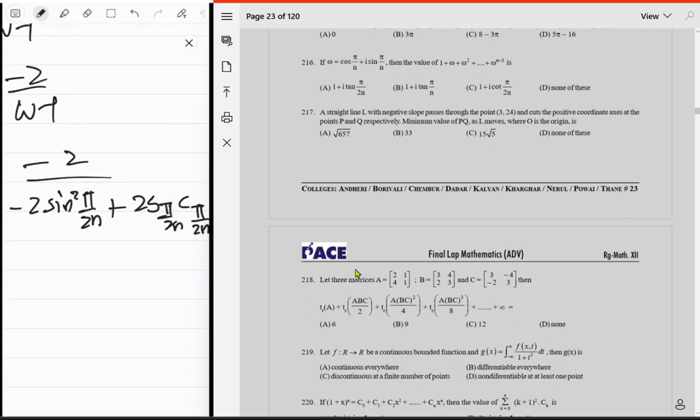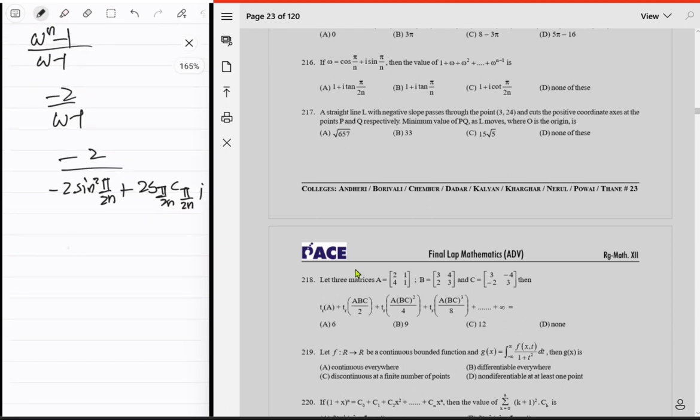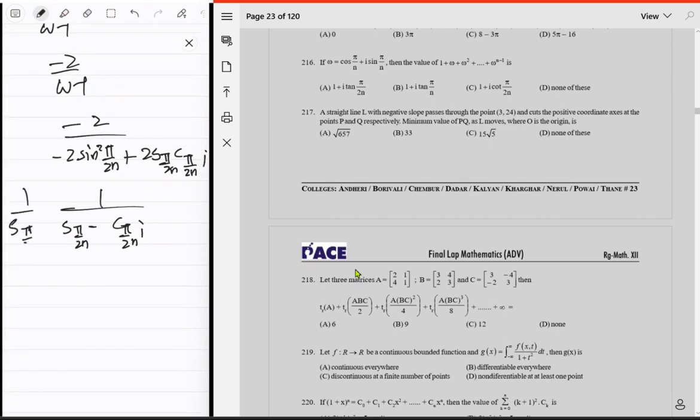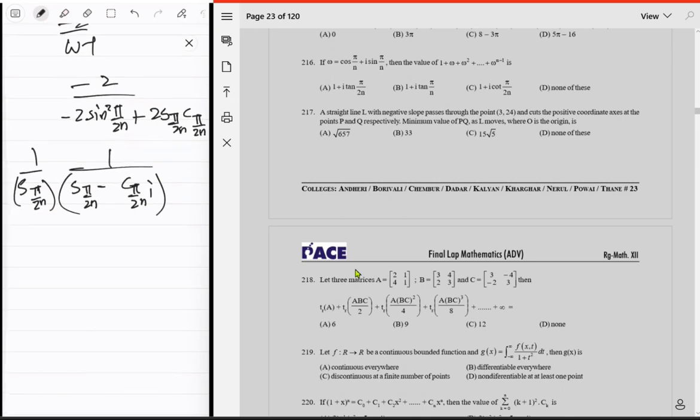Okay, this is actually doable, which means it's just what? 1 upon sine pi upon 2n minus 2 cosine pi upon 2n iota. 2 is not there here, sorry. Okay, and just take 1 upon sine pi upon 2n outside.